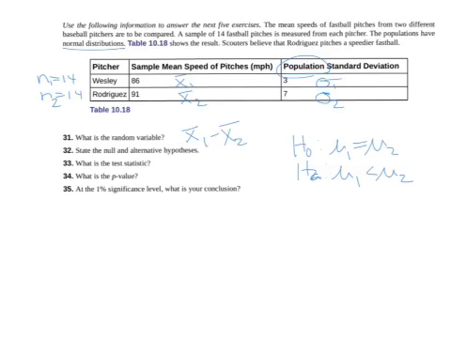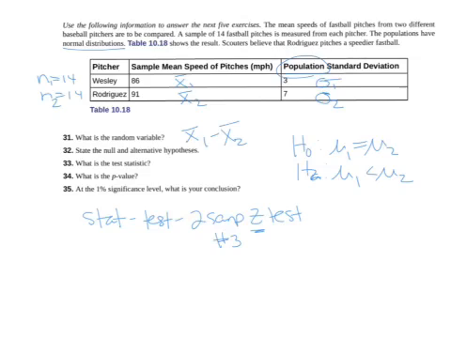Okay, so we have to go through and do our test statistic, and in this particular problem, I'm just going to use my calculator. I have stat, test, and then I'm going to have a 2-sample Z test. Z because I know what my population standard deviation is in this one. On your calculator, this is number 3.